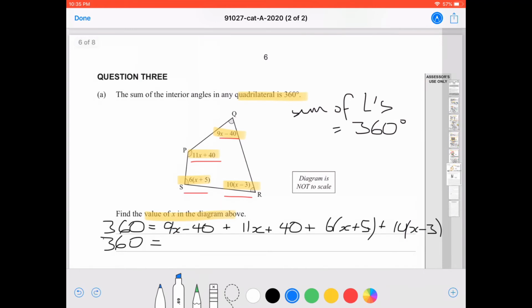So we've got terms with x in them, 9x, 11x, that will become 6x and 10x, and just your single digits, minus 40, plus 40, that'll be 30. 6 times 5 is 30, so let's just chuck this in here, 30 and negative 30. Okay, so looking at our x's, we've got 20 plus 6 is 26, plus 10 is 36.